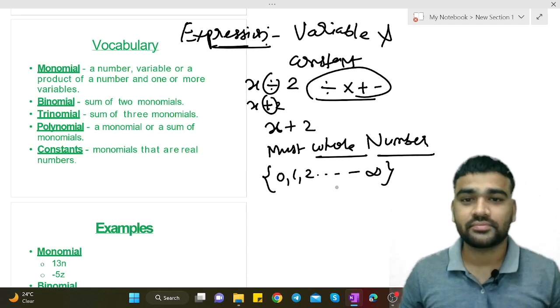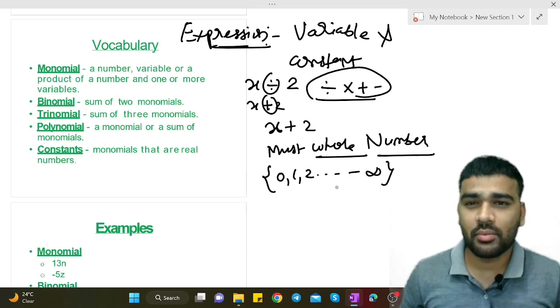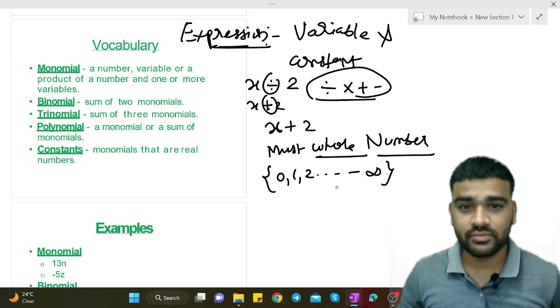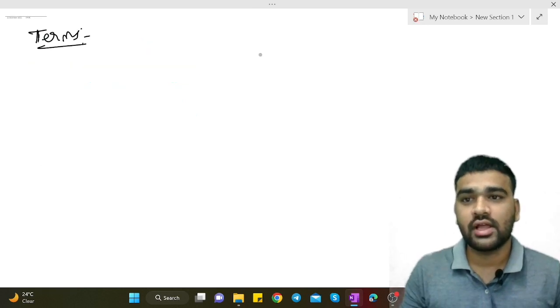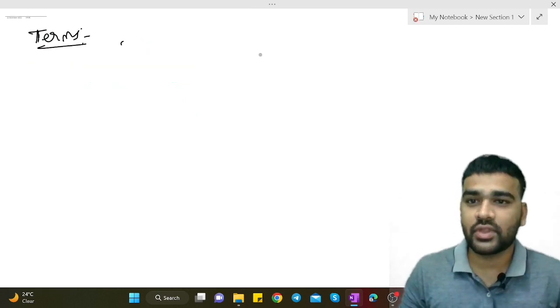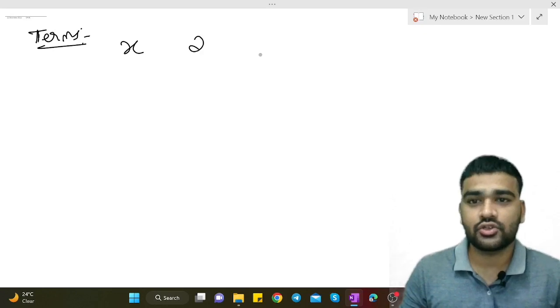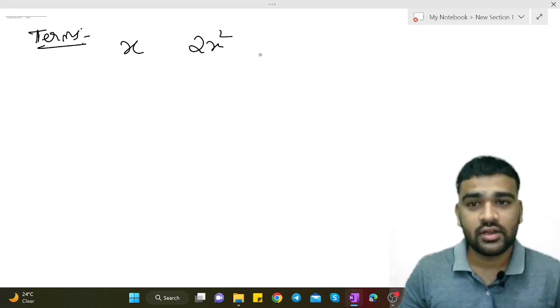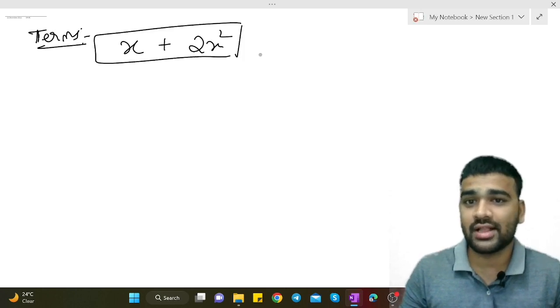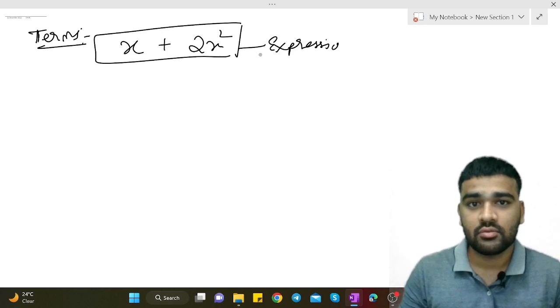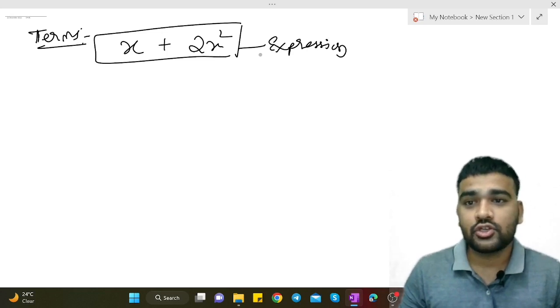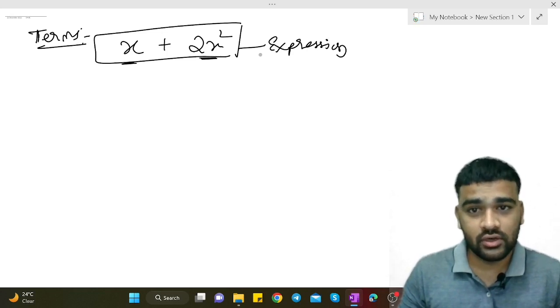Now let's talk about terms. What is a term? Let's say I write x, then 2x squared, then I add. This is your algebraic expression. Let's say this is the x and this is the 2x squared.